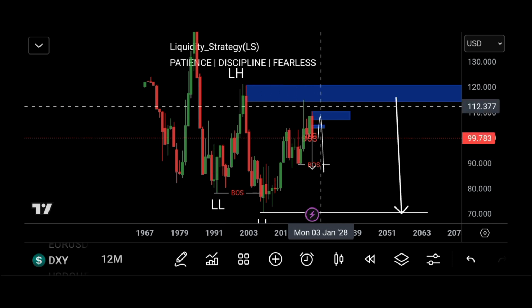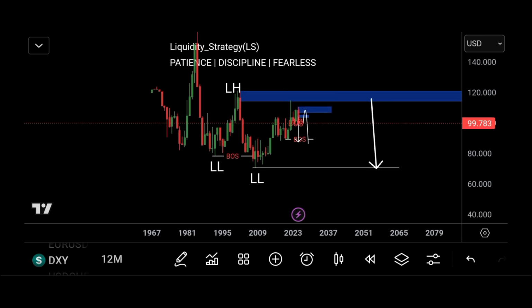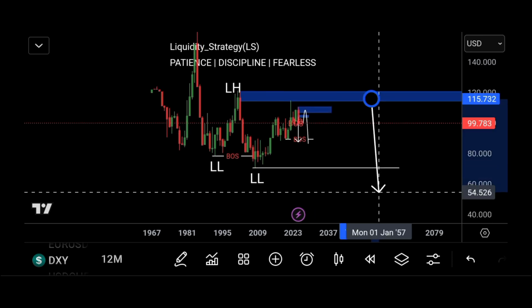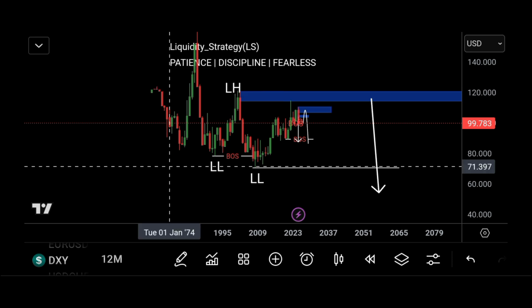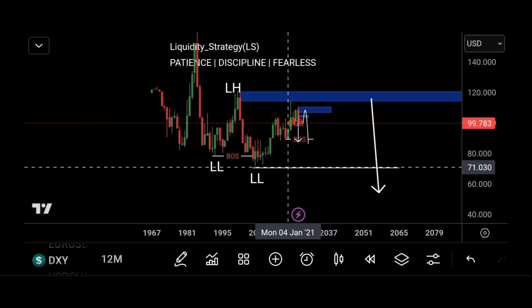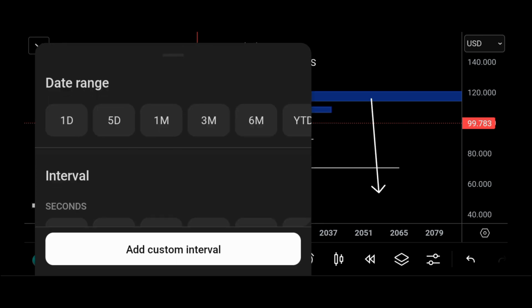So we're expecting another push down for us to have another lower low. So this might take decades, might take years for it to happen, but at least we have a clue of what is going to happen on DXY. So let's continue to move down to the time frames.